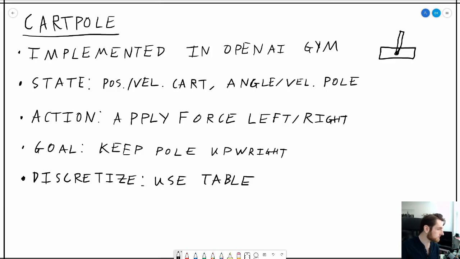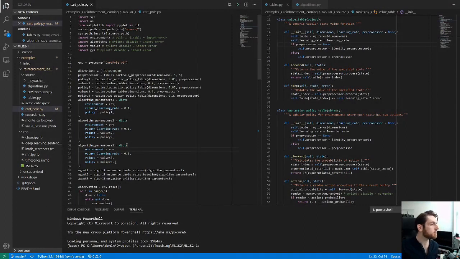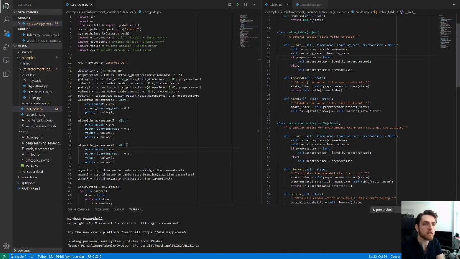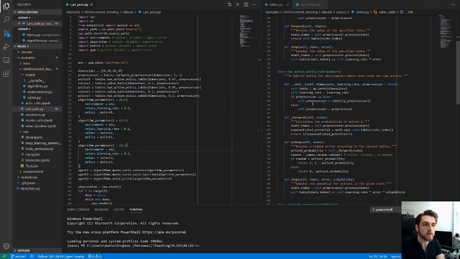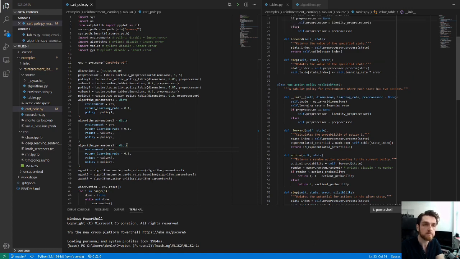Okay, so we come over here. This is code which is available in the GitHub repository. And what we have here on the right are files containing the code for the tables and the learning algorithms.